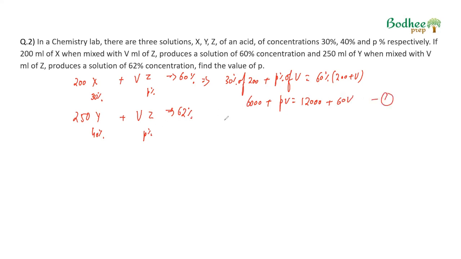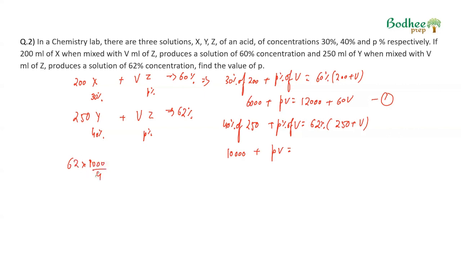In the second case, we can write 40% of 250 plus P% of V is equal to 62% of the total solution, which will be 250 plus V. So 40 into 250 will be 10,000, plus PV is equal to 62 into 250. 250 can be written as 1000 upon 4.